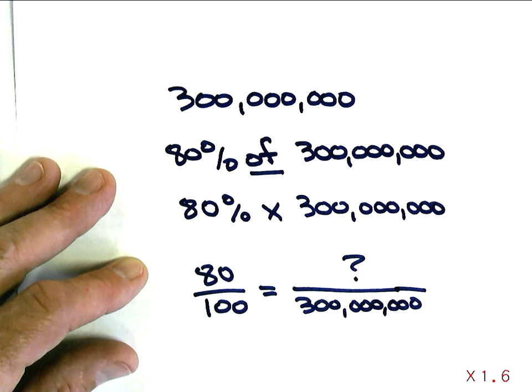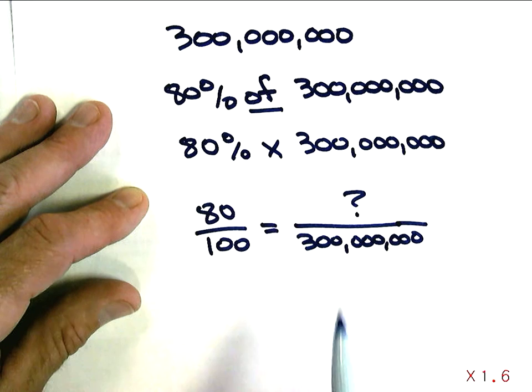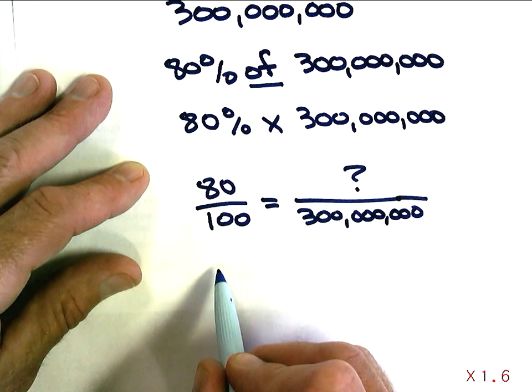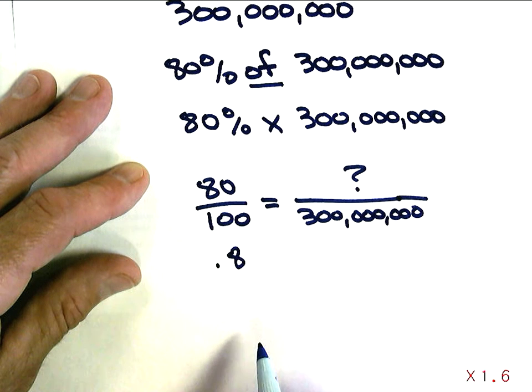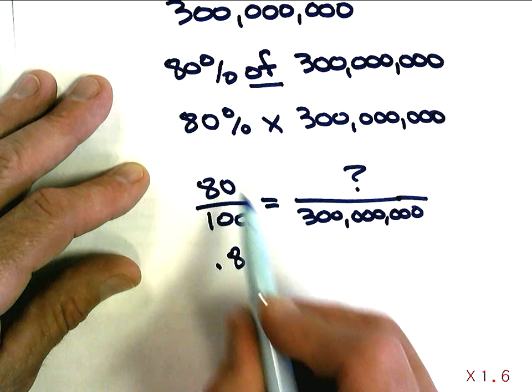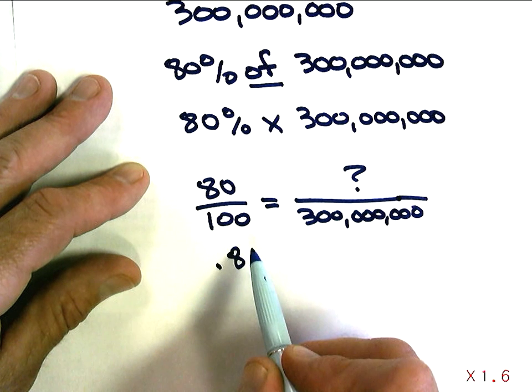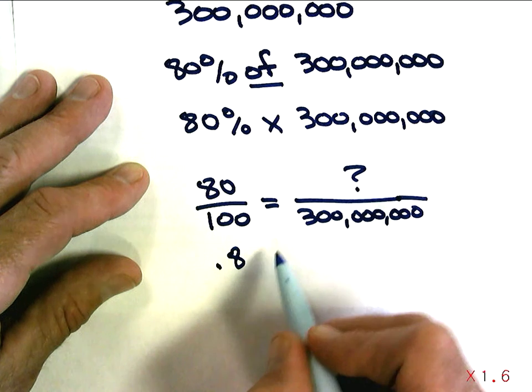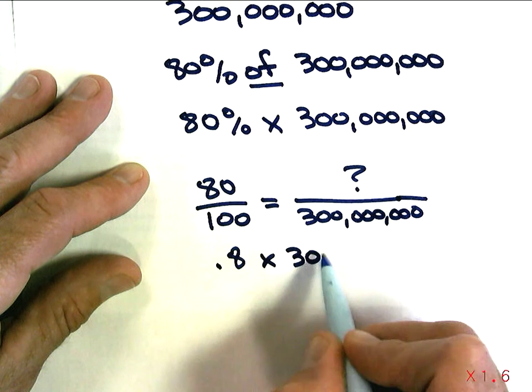I'm going to make this really simple by skipping all these steps and remembering that 80% is the same as 0.8 or 8/10 or 80/100 as a decimal. I'm simply going to go ahead and do this division right up front and go 0.8 times 300 million.